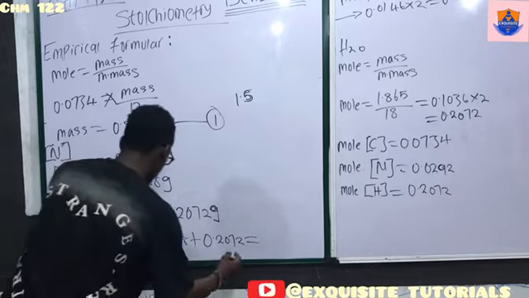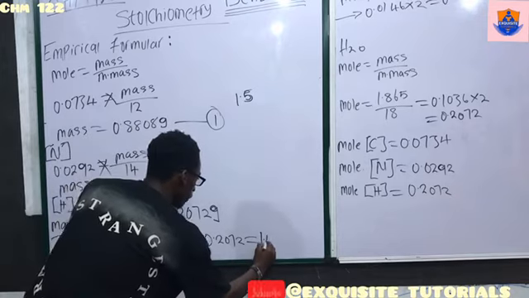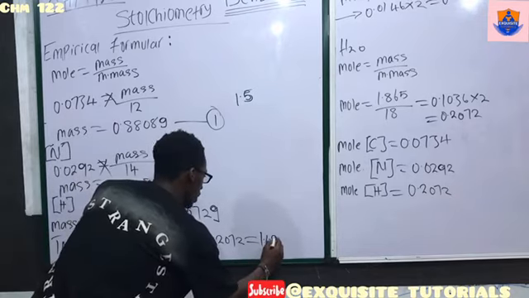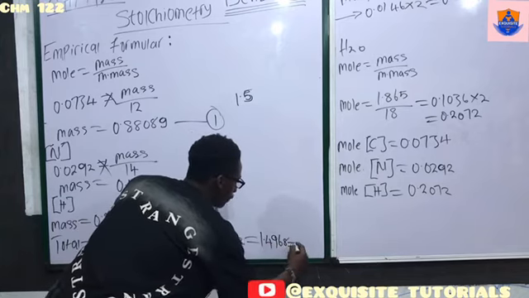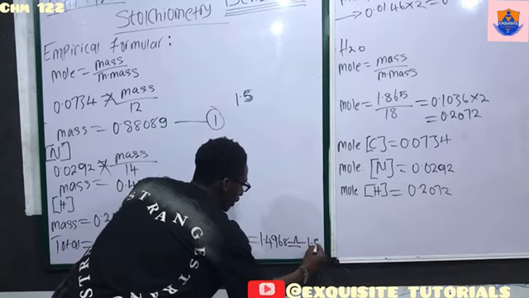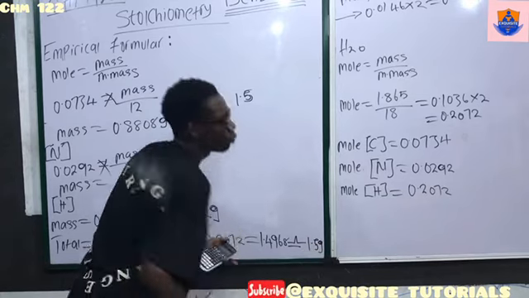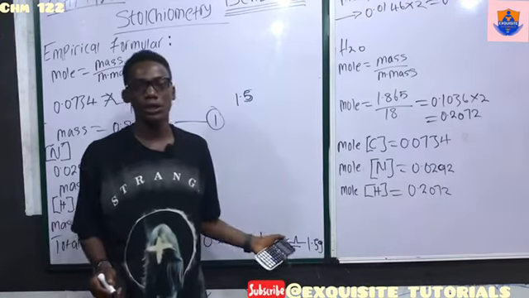Now we are having here 1.4968, which is an approximate value of 1.5 gram. So possibly there's no oxygen in the sample.